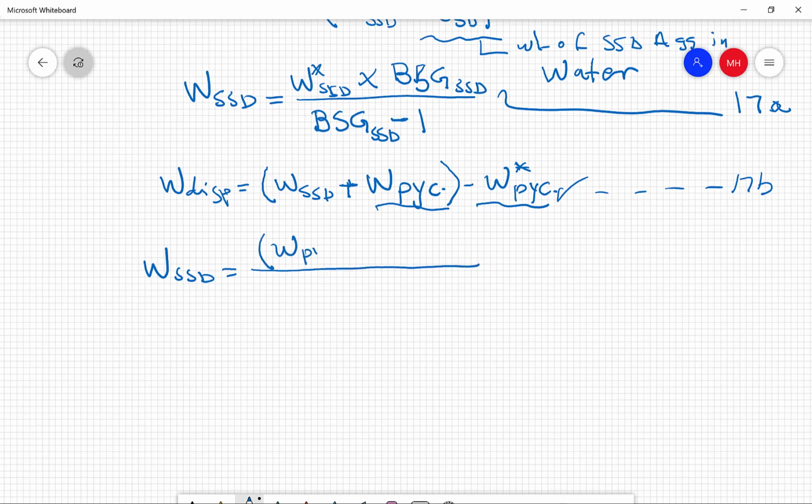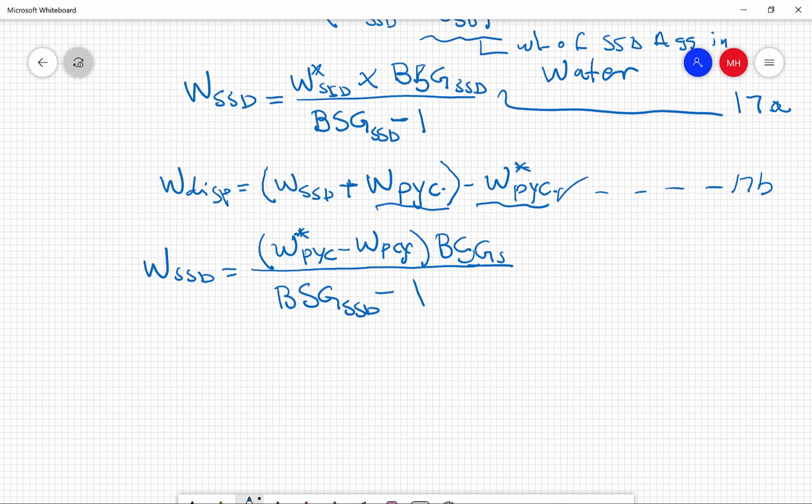the weight of the pycnometer star, this value, minus the weight of the pycnometer here, times the bulk specific gravity, divided by the bulk specific gravity SSD condition here, minus 1.